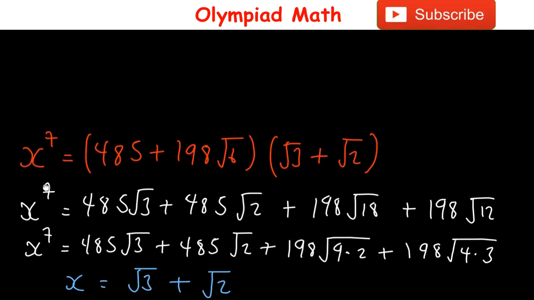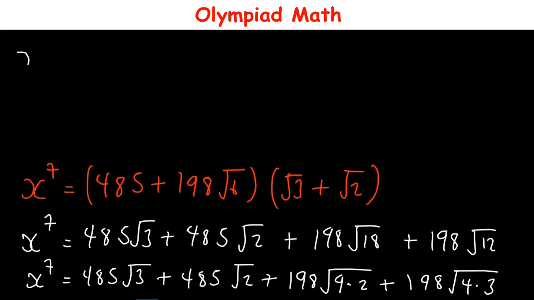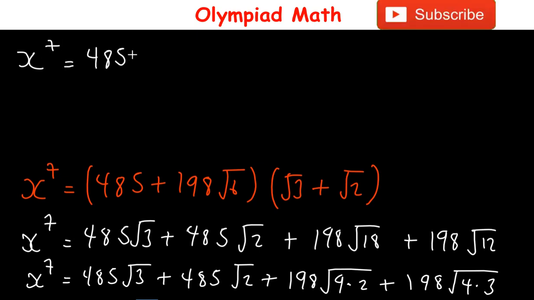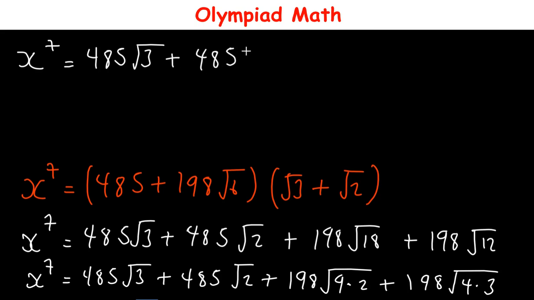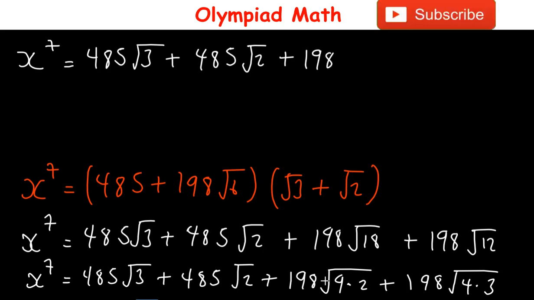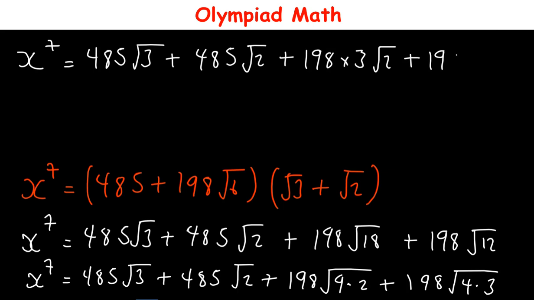So with this, we have the value of x raised to power 7, and this equals 485 times root 3 plus 485 times root 2, then plus 198, so root 9 is 3, so times 3, then times root 2, plus 198 times root 4 is 2, then times root 3.